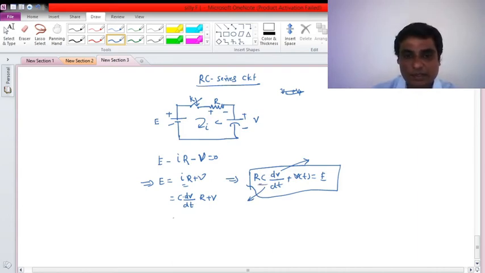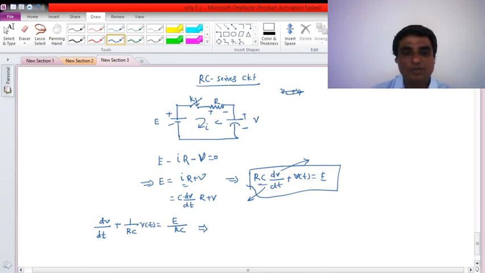So divide by RC for all the terms. So we can write dV by dt plus 1 by RC V of t equal to E by RC, and this I would like to solve.